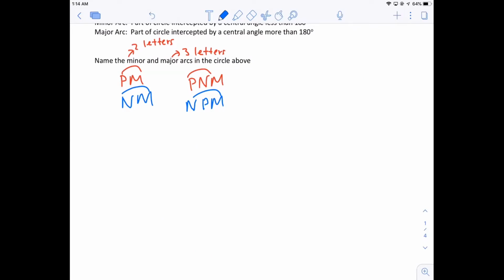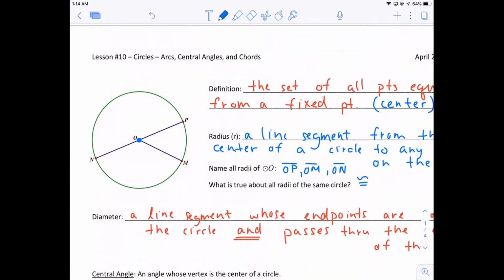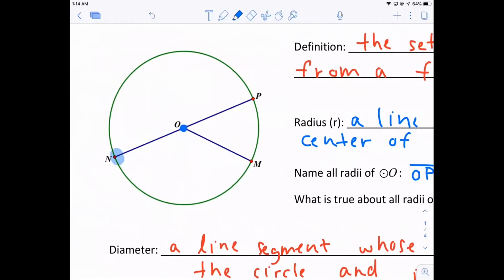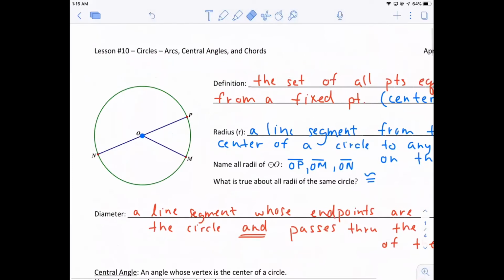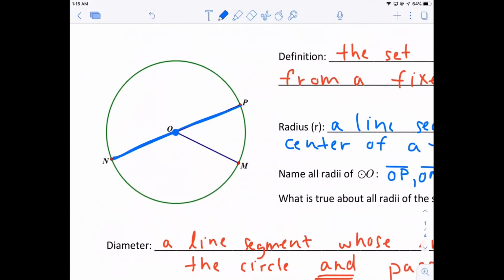And just note that those angles are formed by a diameter. And it also splits the circle in half, and we call half a circle a semicircle. So diameter NOP splits the circle into 2 semicircles.